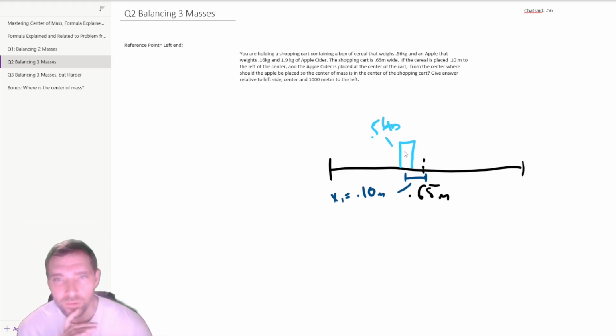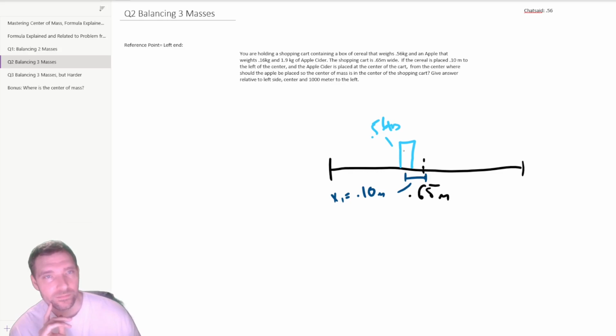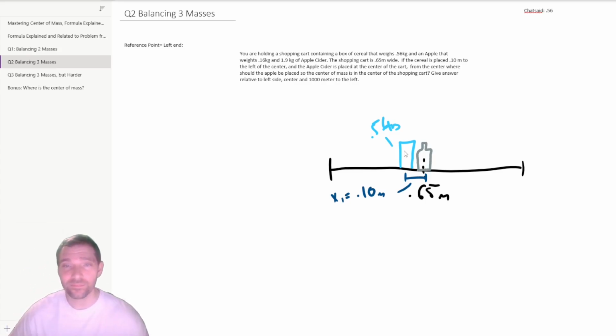And then we have the apple cider here, being placed directly on the center. And then we've got some apple that's being placed somewhere over here.